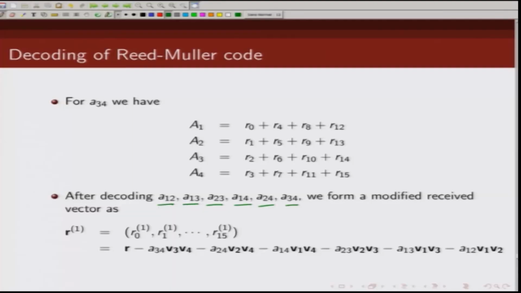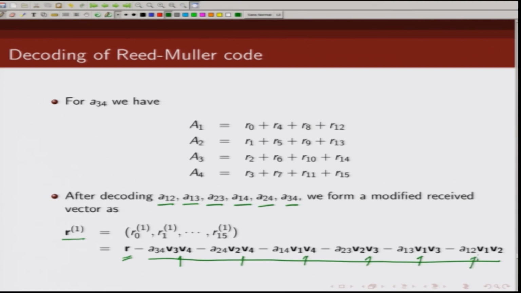Once we have decoded these sequences, let us subtract the contribution of these bits from the received signal. So, the new received sequence, which we are calling R1, is the actual received sequence minus the contribution from these Boolean product terms.